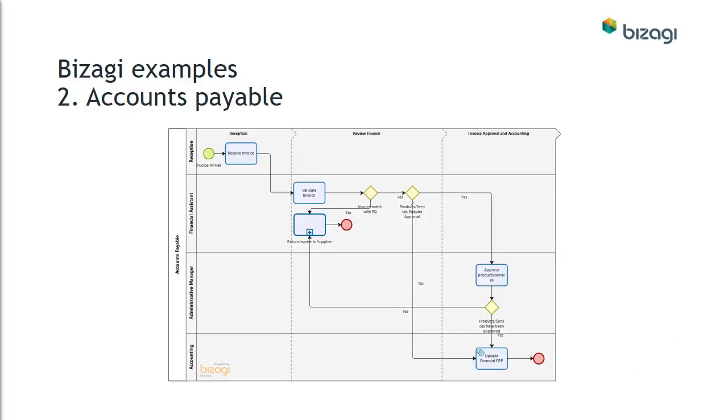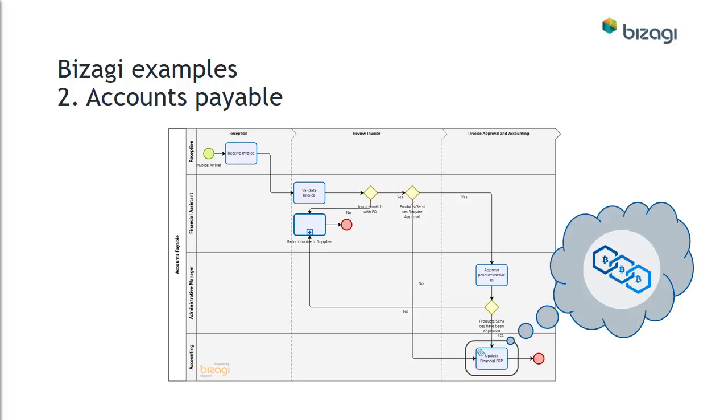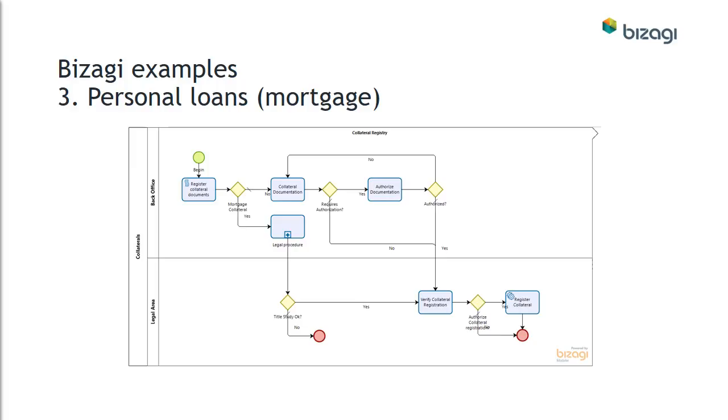Another one, and these are all taken from Bizagi's free templates at the process Xchange, it applies to the accounts payable as a final stage of a purchase order process. So we could envision a diverse payment being integrated with blockchain. Same goes for personal loans request, where it can be a major improvement for mortgage loans.